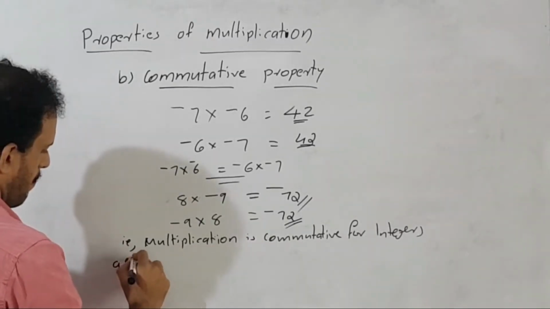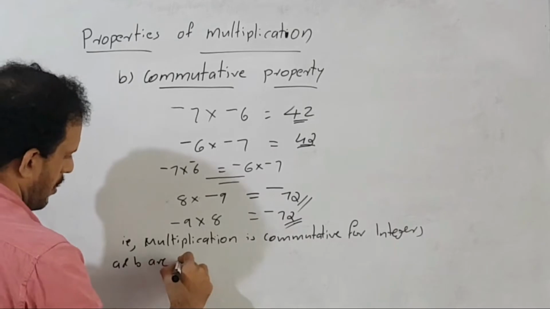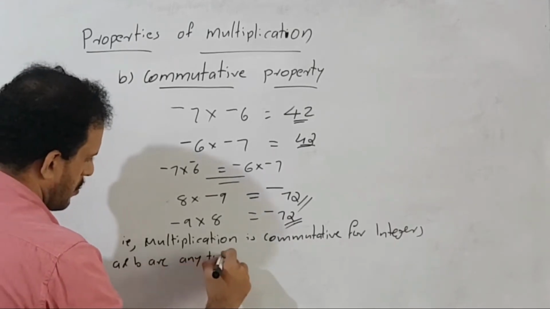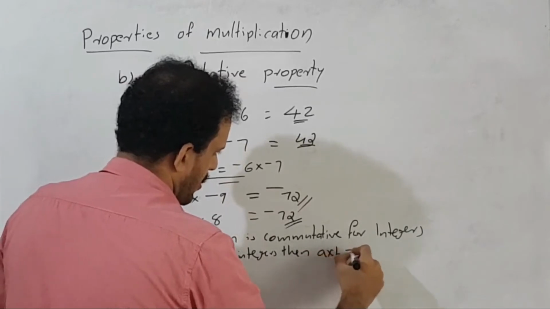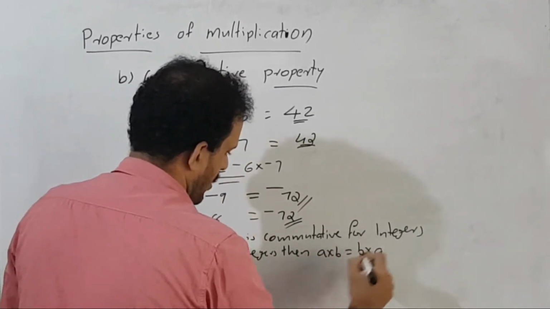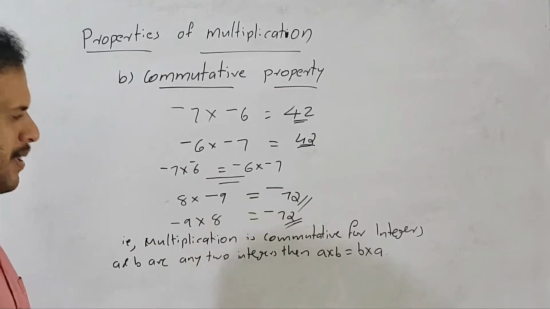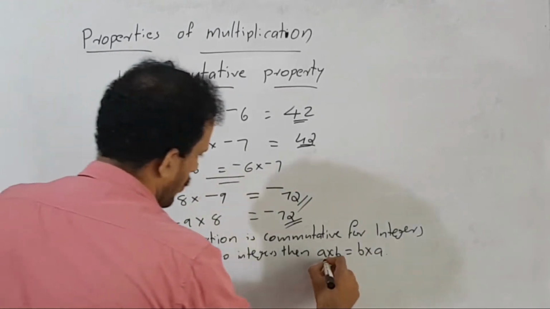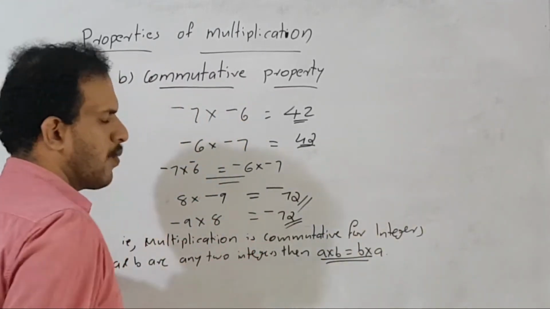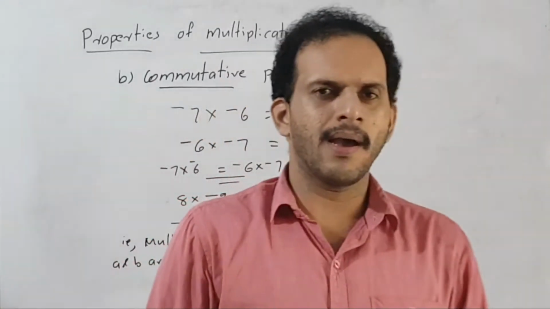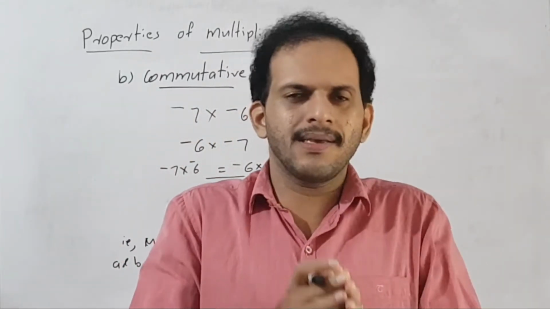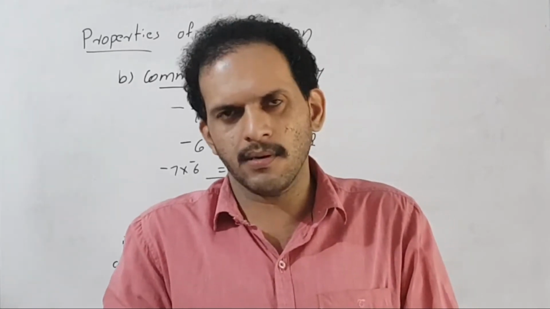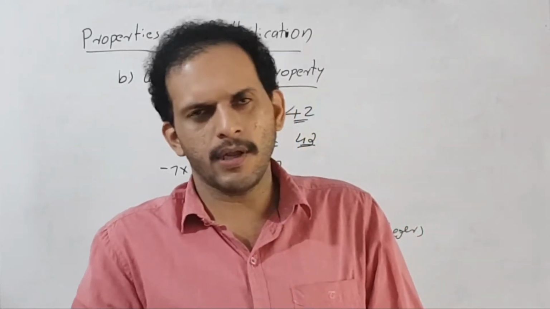A and B are any two integers, then A into B is equal to B into A, correct? A into B is equal to B into A. So it is possible to multiply two integers in any order. If you multiply in any order, we get the same answer. That property is called commutative property.